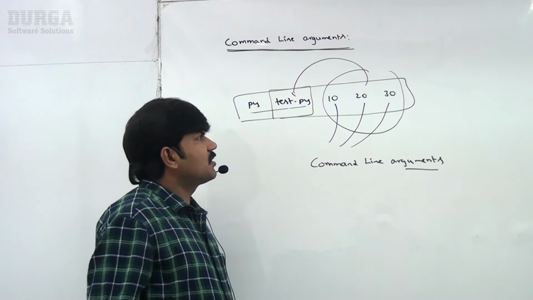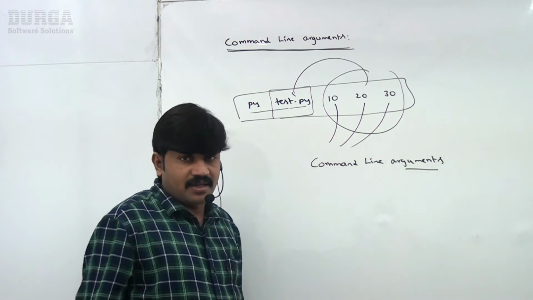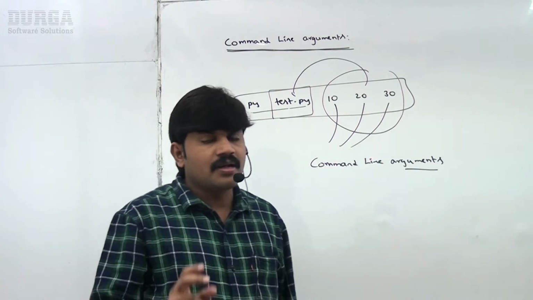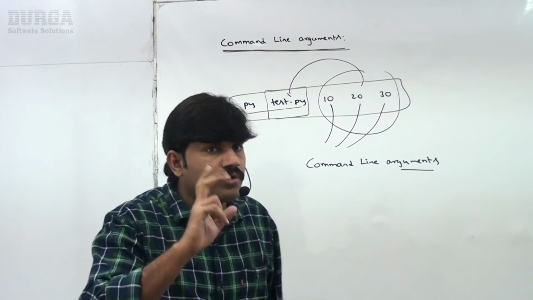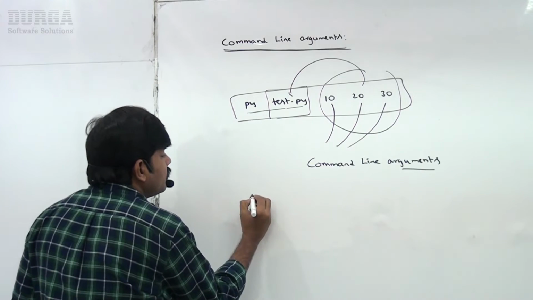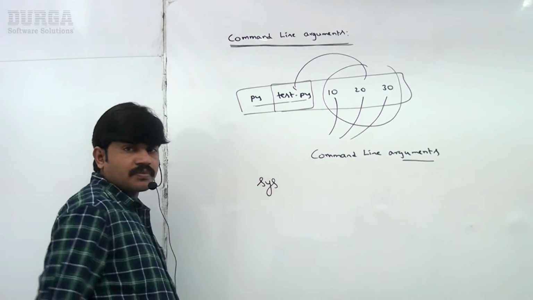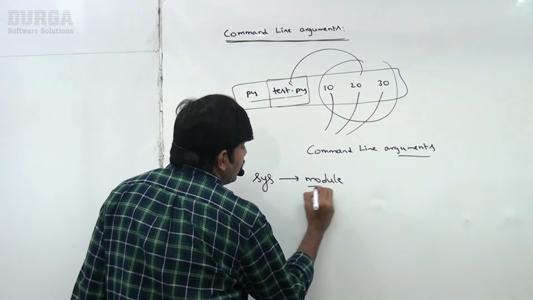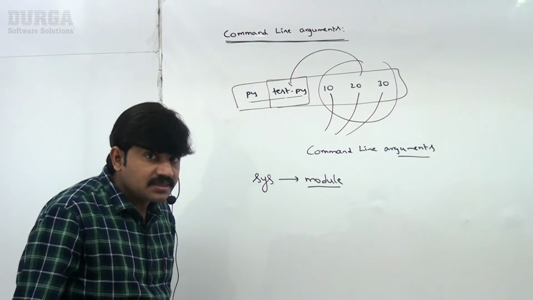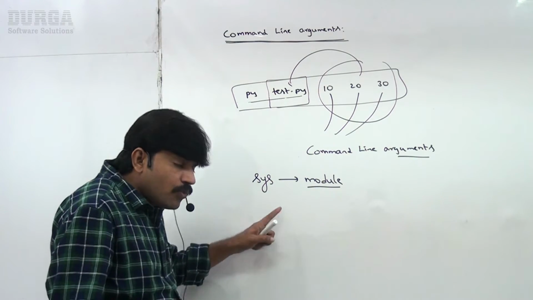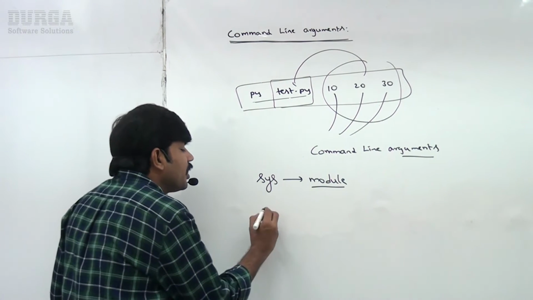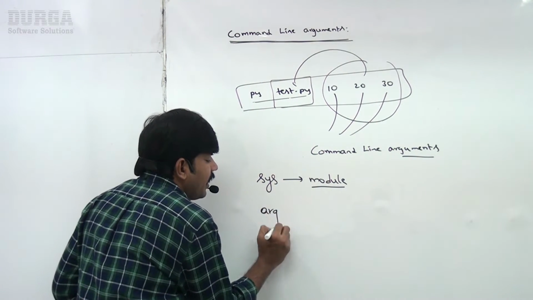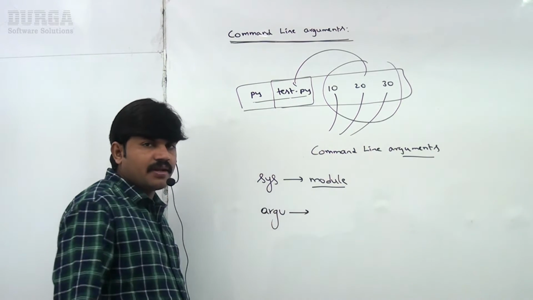Okay, sir, first, how can you read these command line arguments? Remember, I want to introduce two words. What is the first word? Sys, sir. Sys is a predefined module in Python. This module contains one variable, argv.